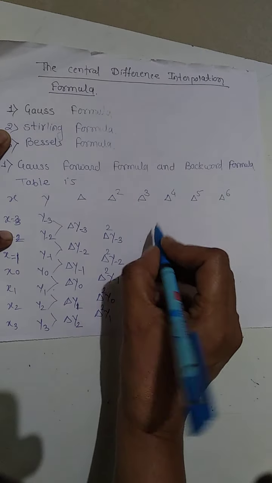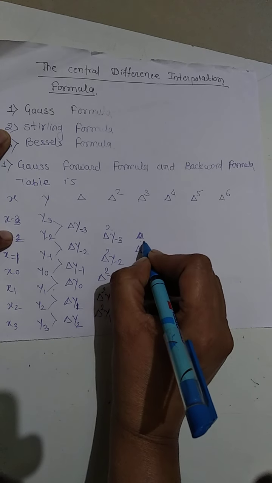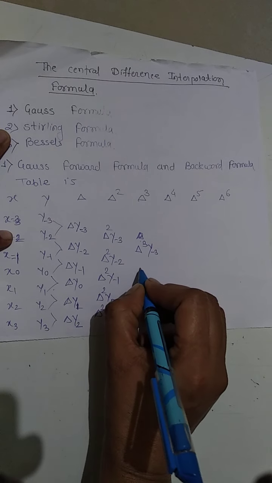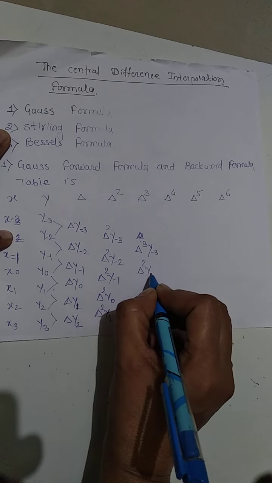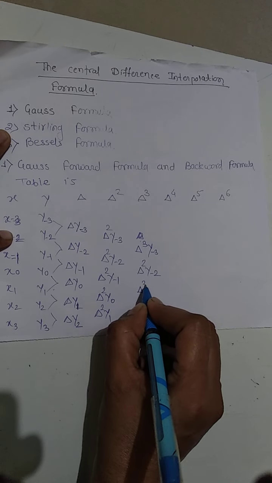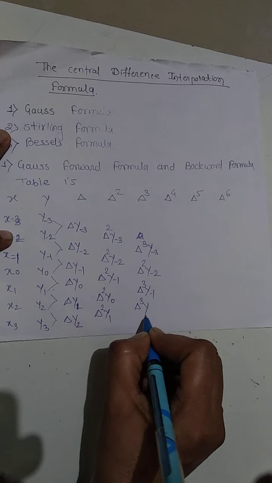Again the difference gives del cube y minus 3, del cube y minus 2, del cube y minus 1, and del cube y0.